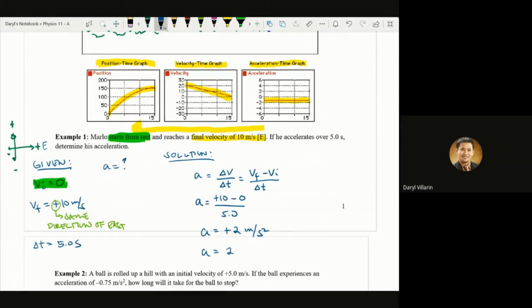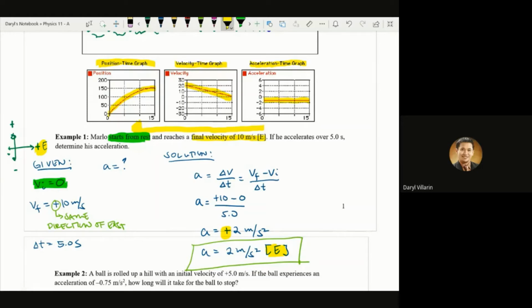So the final answer should be written as 2 meters per second squared east. This would be my final answer. I'll just replace the positive symbol with the direction itself. Positive in our coordinate system is directed east. Therefore, the acceleration has a magnitude of 2 meters per second squared, and its direction is east.